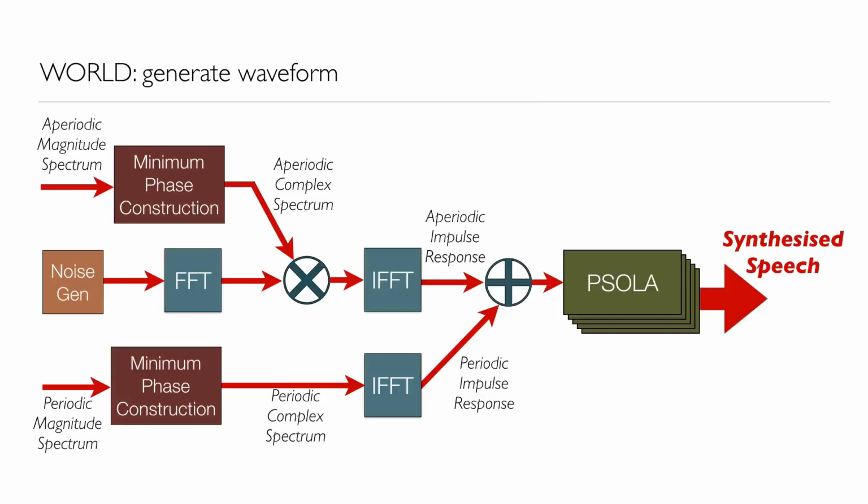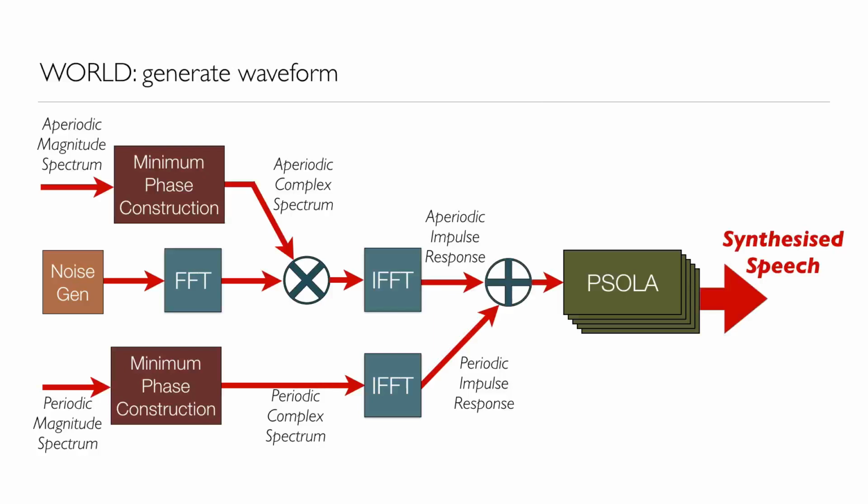And then once we have this magnitude and phase, we can create the complex spectrum. Okay, and that is done for the aperiodic spectrum and for the periodic spectrum. But the difference is that in the case of the aperiodic spectrum, as this is just the envelope, we need to add some randomness, some aperiodic energy.